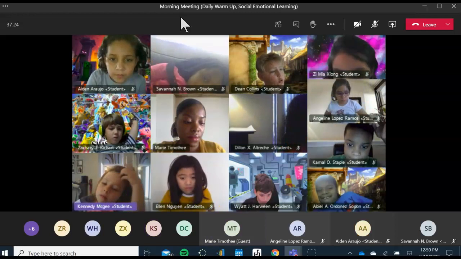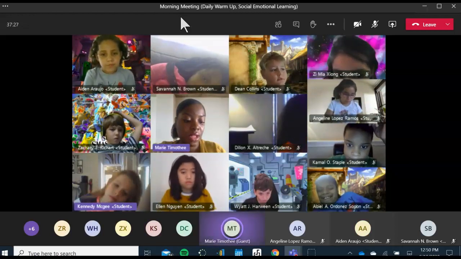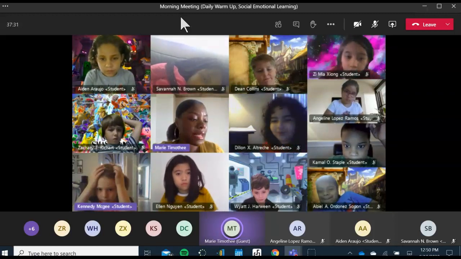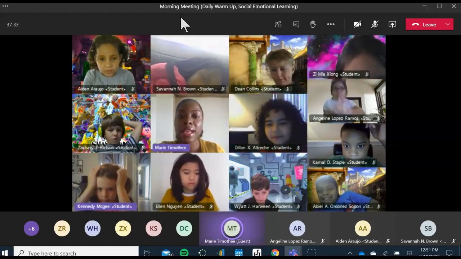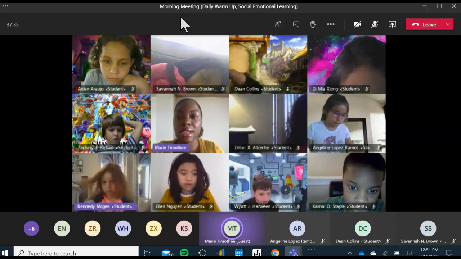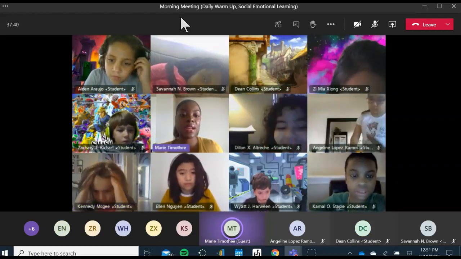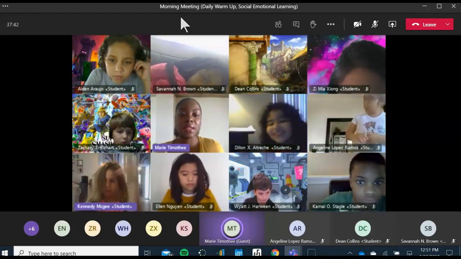Miss Timothy. I'm sorry, guys. I said that it has to have two parallel sides. It actually has to have four sides. So a quadrilateral has to have four sides. I'm so sorry. I just realized what I said. So it has to have four sides, and all the sides have to be straight.